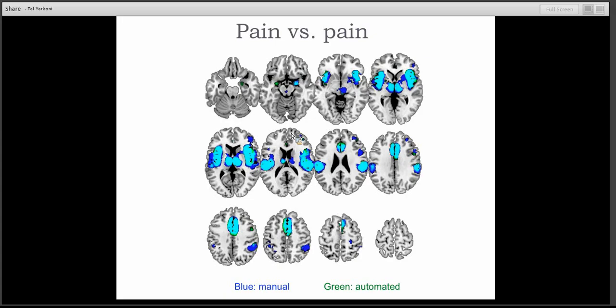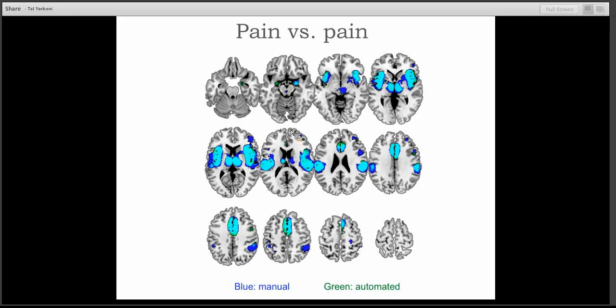And I don't think anyone was very happy to do a lot of work, which is why we'd like to be able to stop doing it manually if possible. But we got a clean data set. I think it went from about 260 studies to about 60. Only about a quarter of those studies that the automated meta-analysis decided were really about pain and relevant to the basic pain contrast versus baseline actually ended up being verified manually.